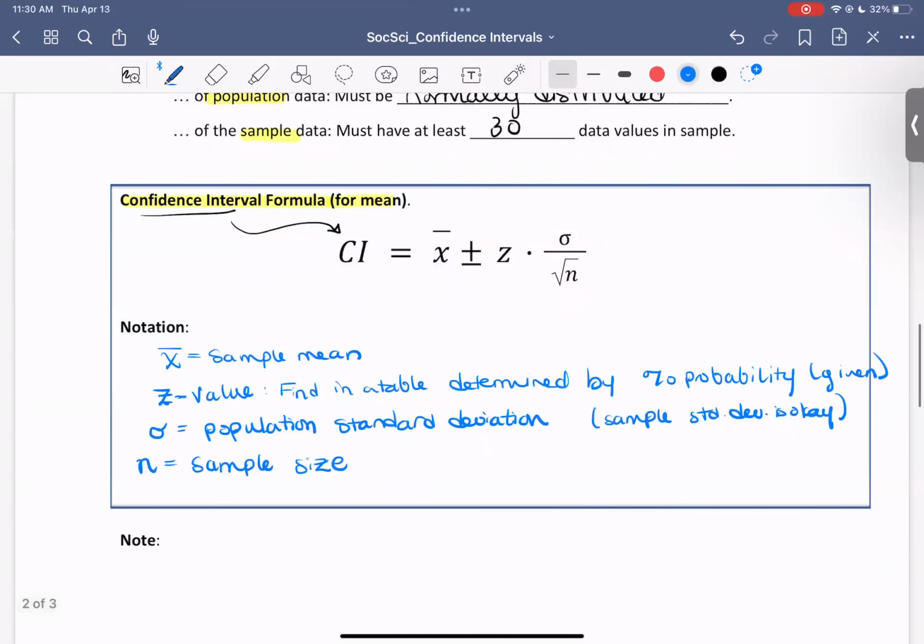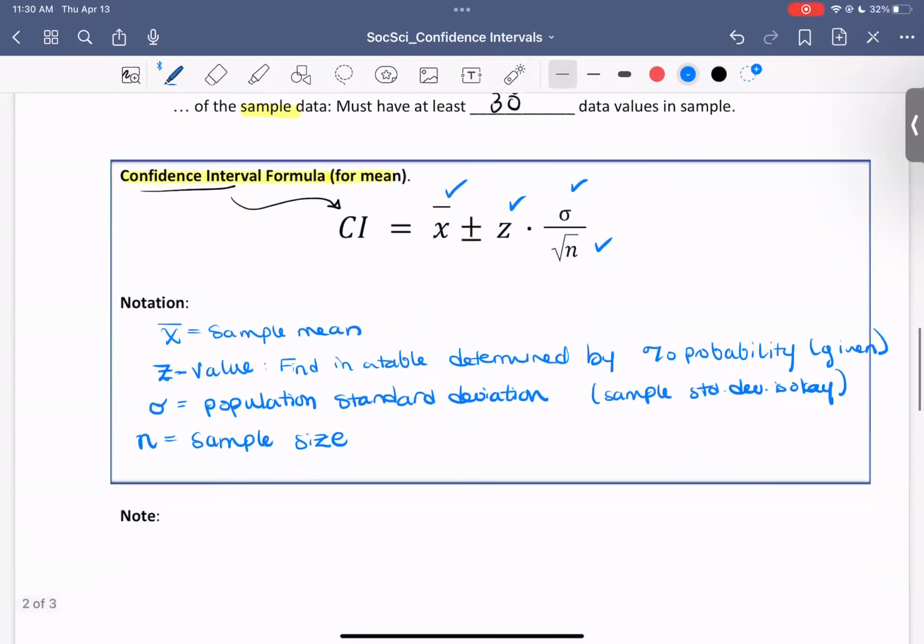Okay, so now you have all of the components that go into the calculation of a confidence interval. Now, a note that I want to make here. We kept saying a confidence interval is a range of values, and here I've just given you one expression. Well, notice this symbol here. That means take the sum of these two values and take the difference.